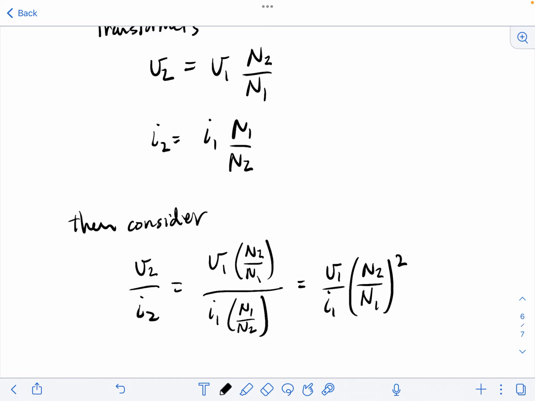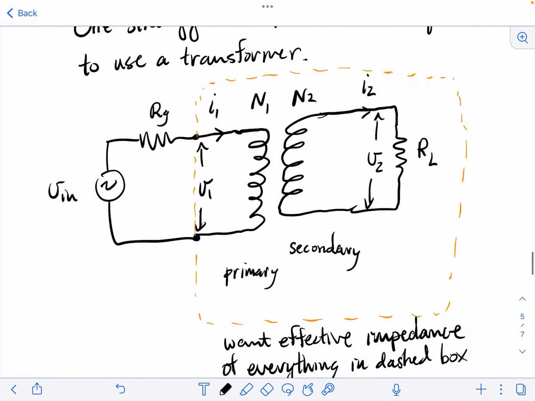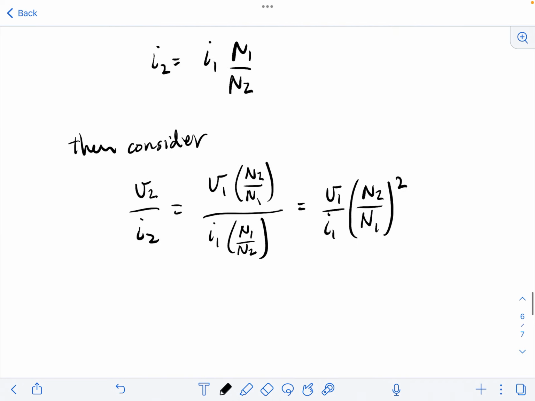So if we go look at this circuit, if I take V2, that's the voltage across RL, and then I divide by I2, that's the current in RL. Well, this is just the resistance RL. So we might call that Z2, but that's just equal to RL.